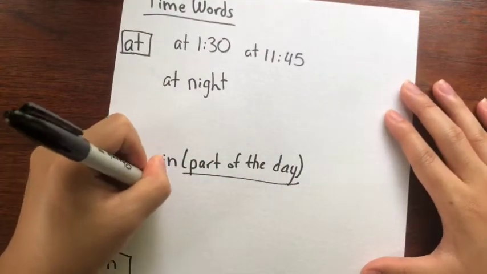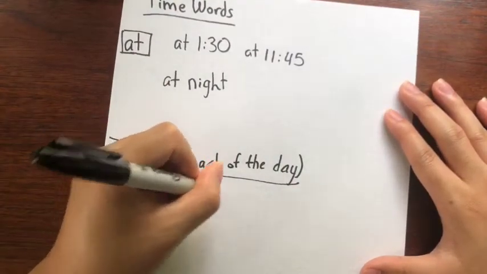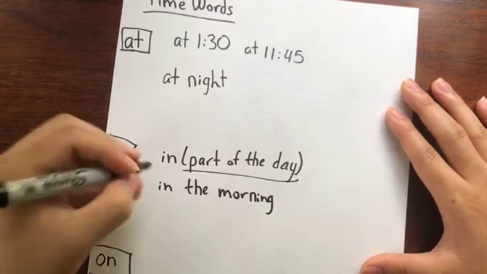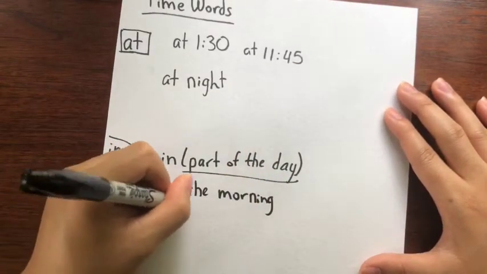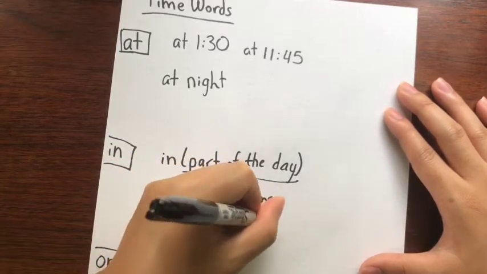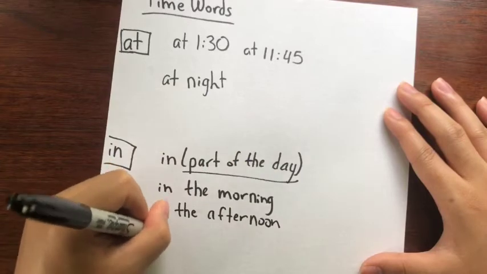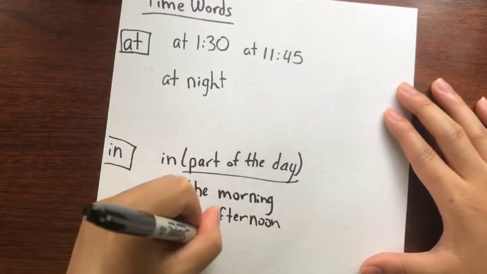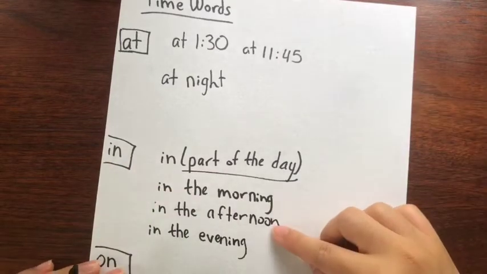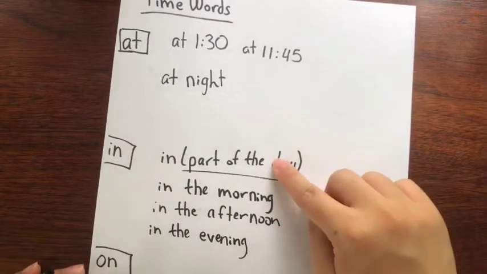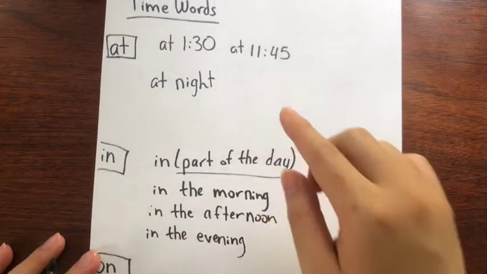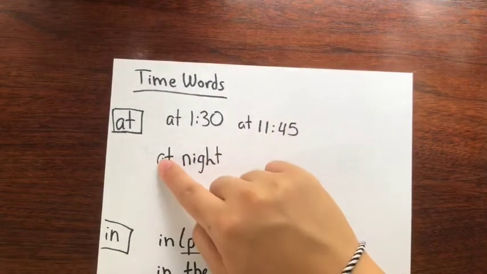So we have in the morning, in the afternoon, in the evening. So the morning, the afternoon, and the evening are all part of the day. So we use the word in. For nighttime, we use the word at.